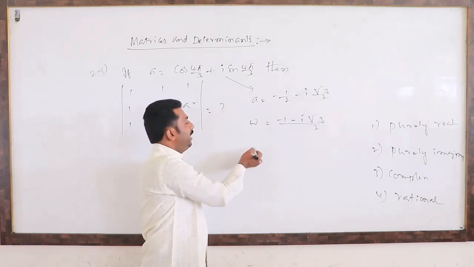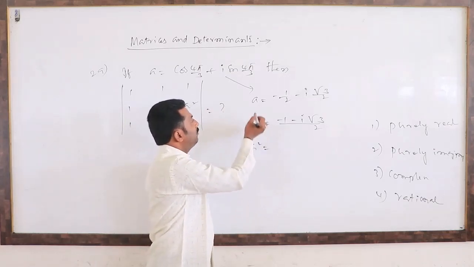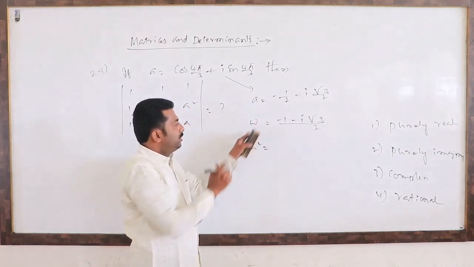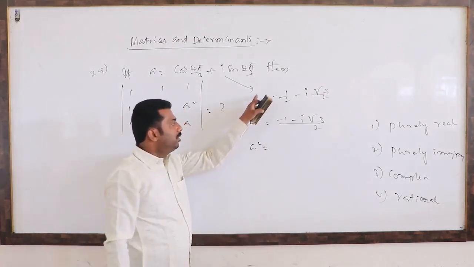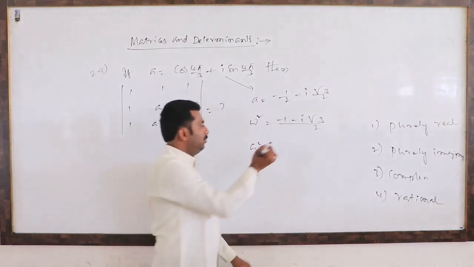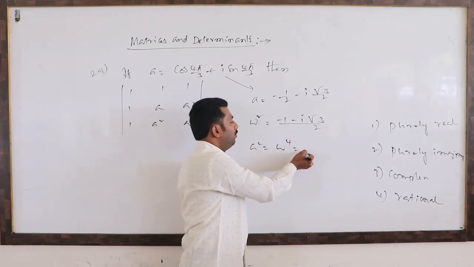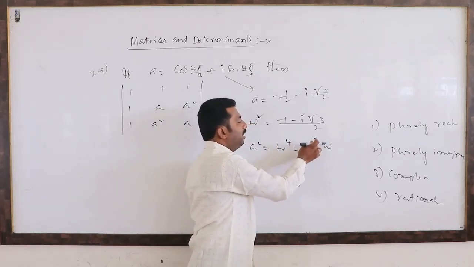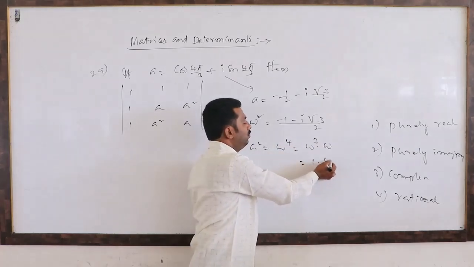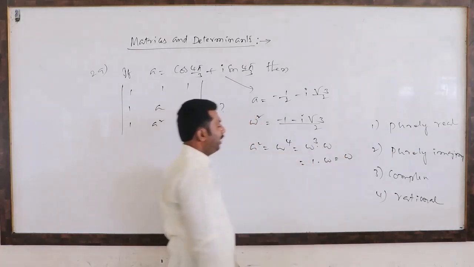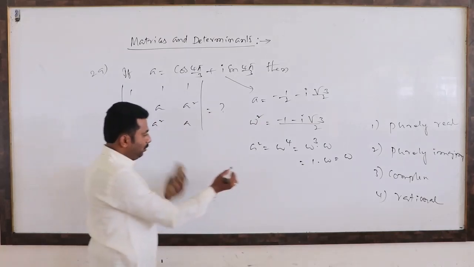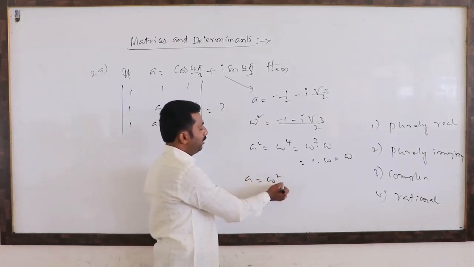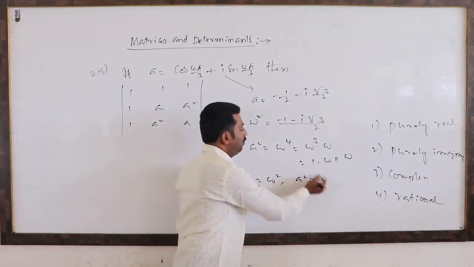So what is A square? A is omega square. What is the A square value? Omega power 4. How to write omega power 4? Omega cube into omega. Omega cube value is 1, so finally omega. You remember, A value is omega square, A square value is omega.